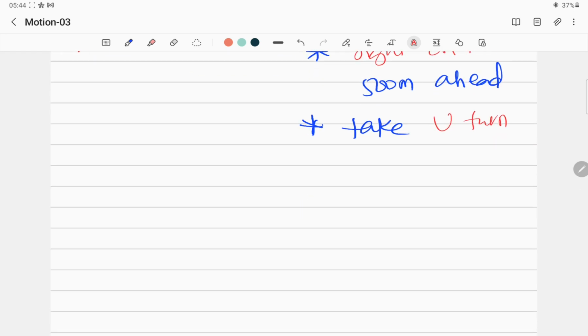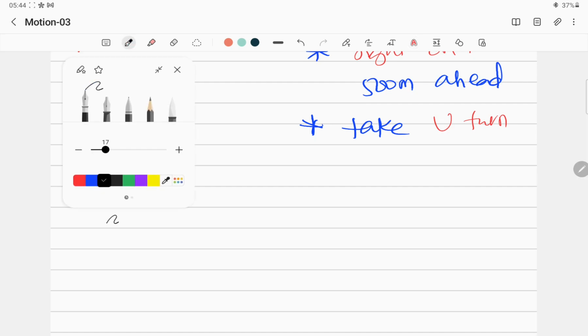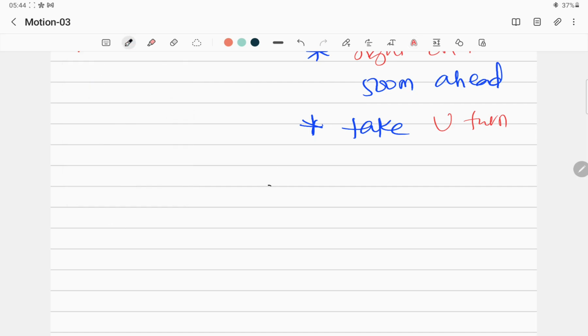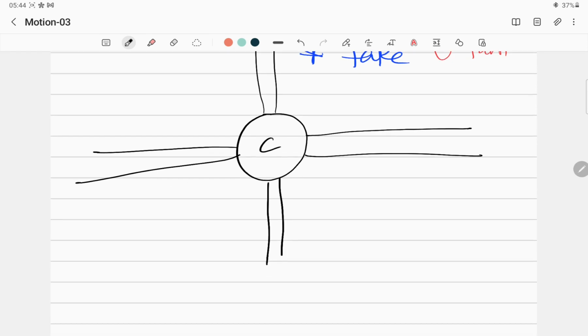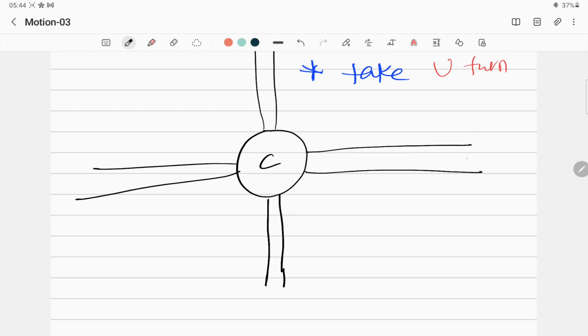All right. Let me give you one more real-time example. For example, this is a circle in your hometown. It leads to 4 roads, like this. Somewhere somebody is hiding some gold here.